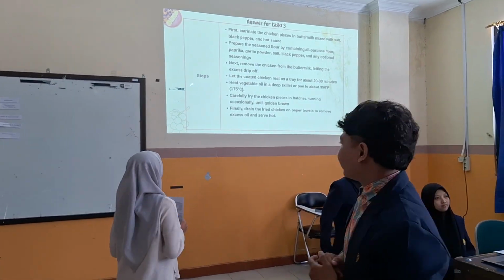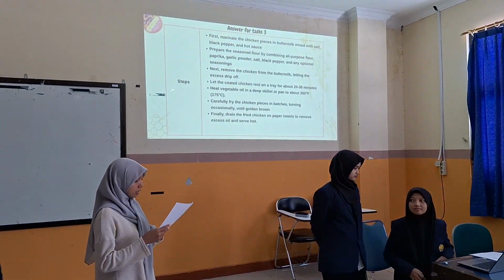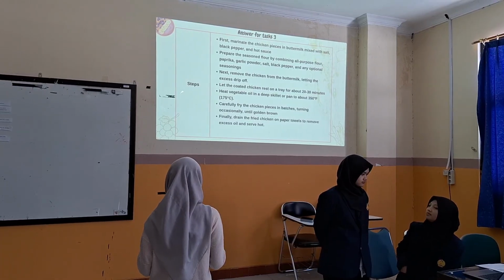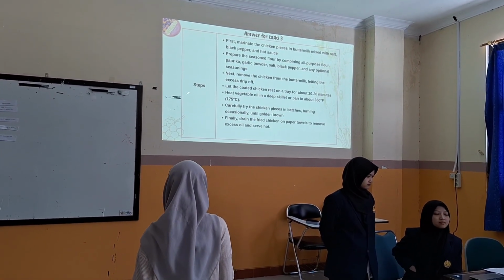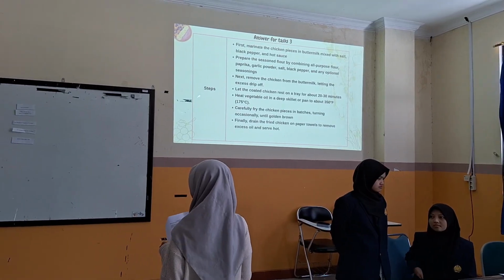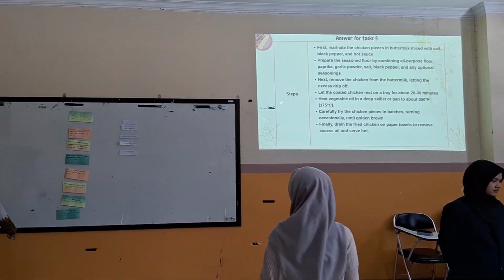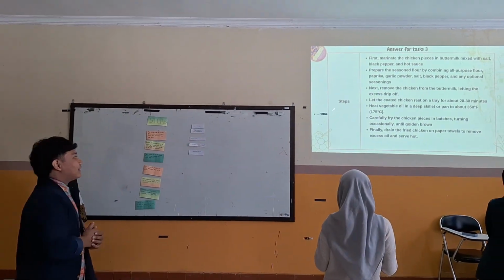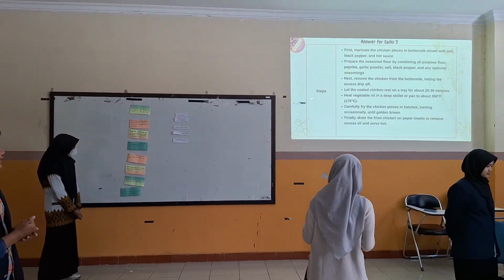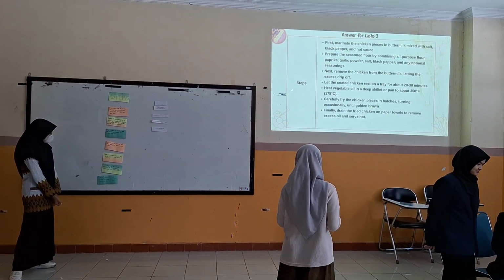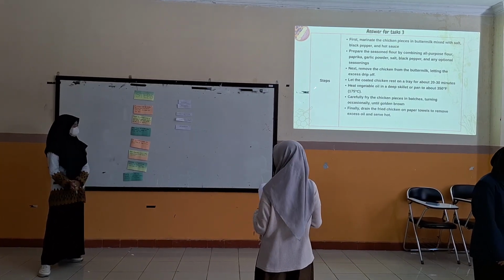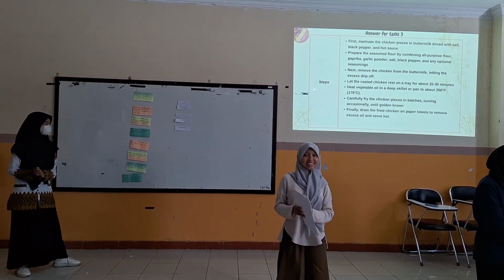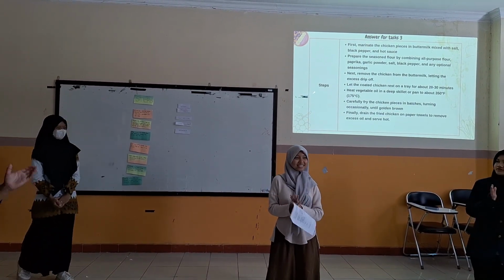Okay, so for task 3, the answer is: first, marinate the chicken pieces in buttermilk mixed with salt, black pepper, and hot sauce. Is that correct? Yes. Okay, so last, finally drain the fried chicken on paper towels to remove excess oil and serve hot. It's 2. Yes, it's true. Okay, please give applause to Rayana's group.